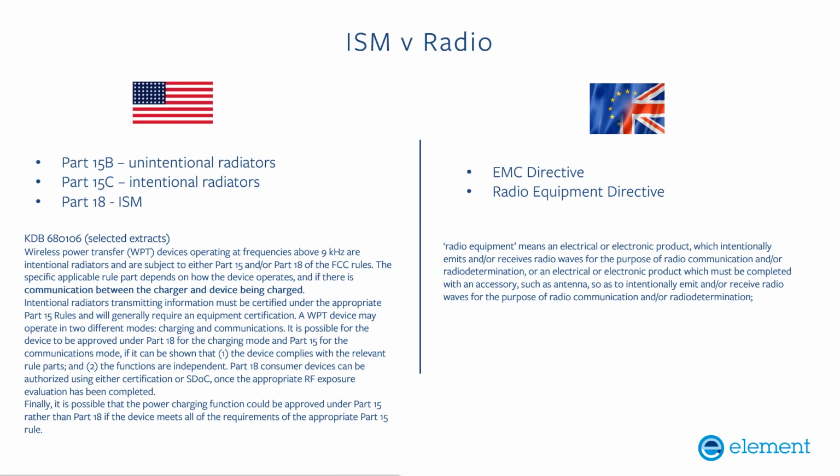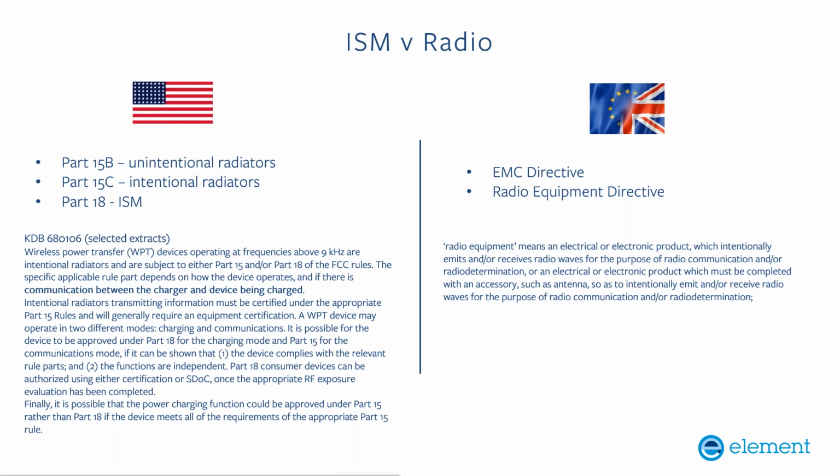But for the time being, Part 18 of the FCC rules is dedicated to ISM type applications. We also then have Part 15 of the FCC rules, which then subdivide into unintentional radiators, typical IT type products, digital devices, and then Part 15C, which is reserved for intentional radiators.